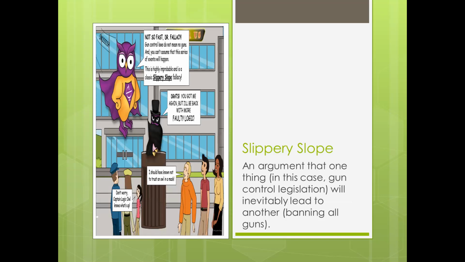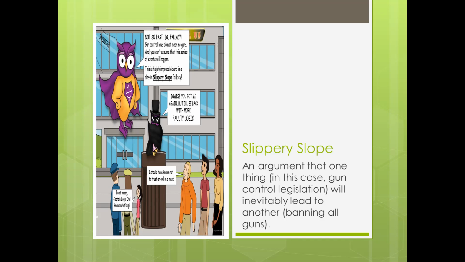Slippery slope, right? We've heard this before. It's an argument that one thing, in the case of this little comic here, gun control legislation, will inevitably lead to another, which would be the banning of all guns. But as Captain Logic, the Super Owl here, says, "Not so fast, Dr. Fallacy.